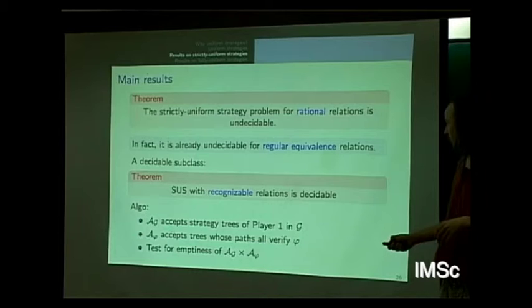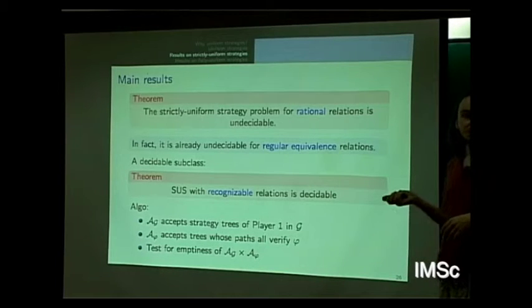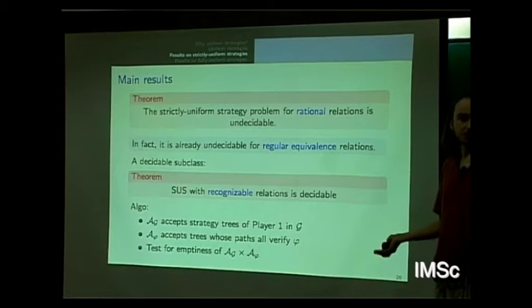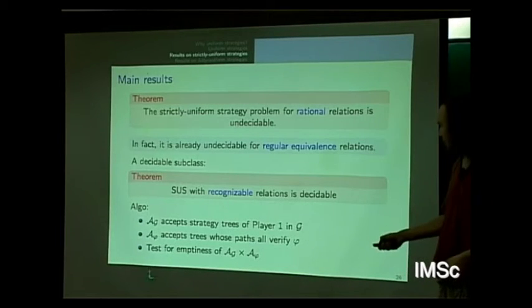And then you build an automaton that accepts trees that verify phi, and then you take the product of both automata and you test for emptiness. The problem is that for classic temporal logics, you know how to build this automaton, but if you have strict quantifiers, you need to show how you build this automaton.